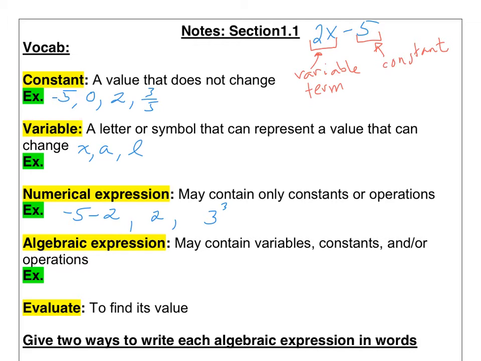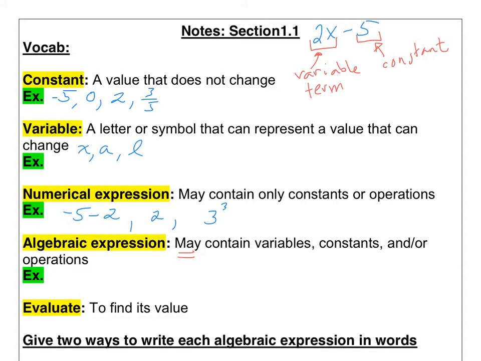Versus the algebraic expression, this is an algebraic expression right here. It says it may contain variables, but it doesn't have to, constants and/or operations. So this that we were working with earlier, this 2x minus 5, matches that definition of an algebraic expression.